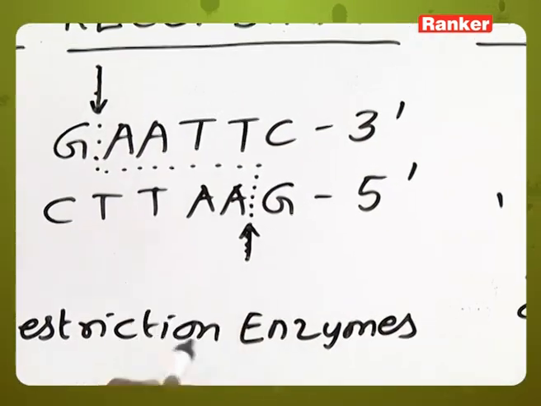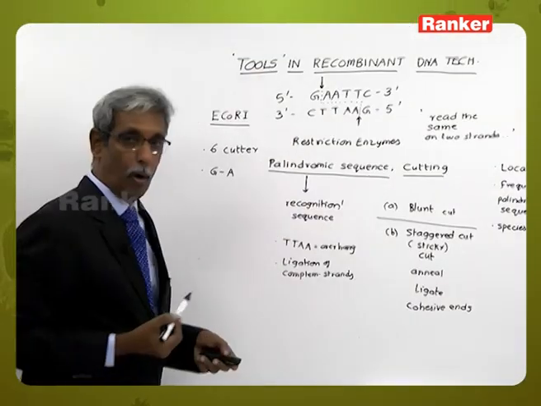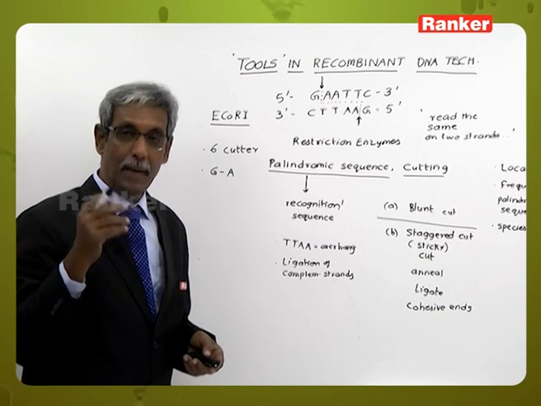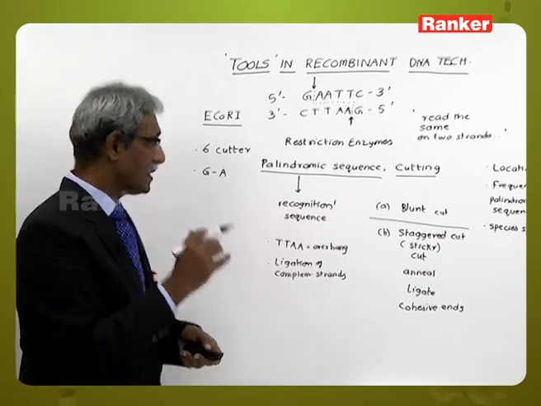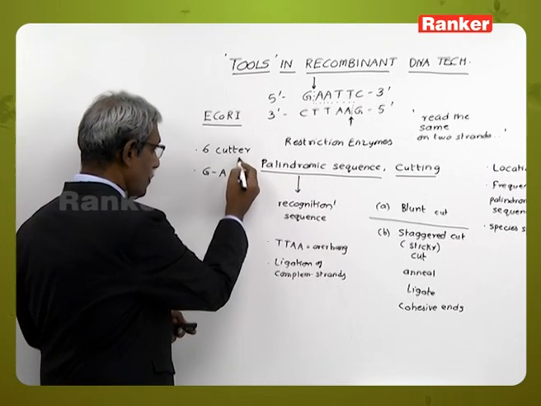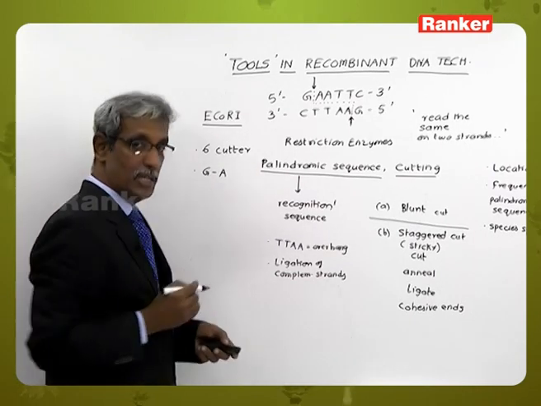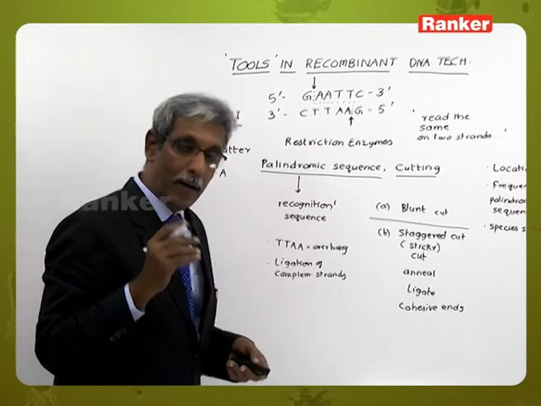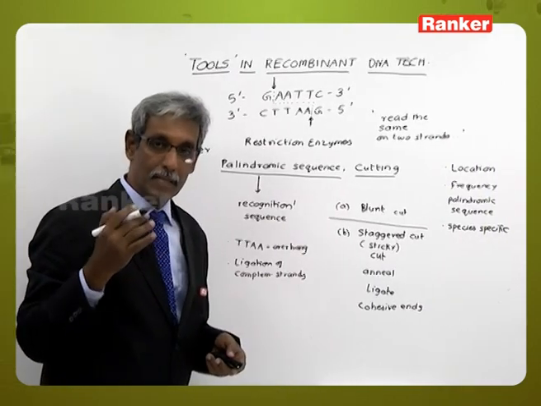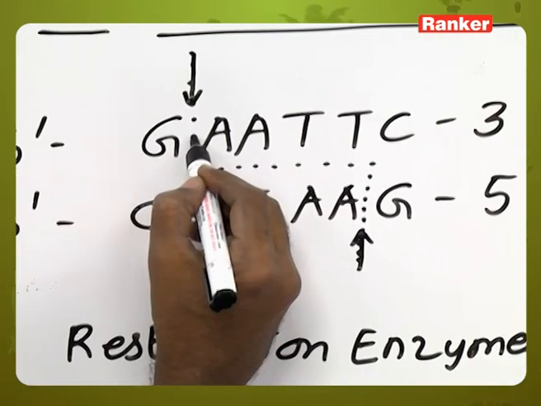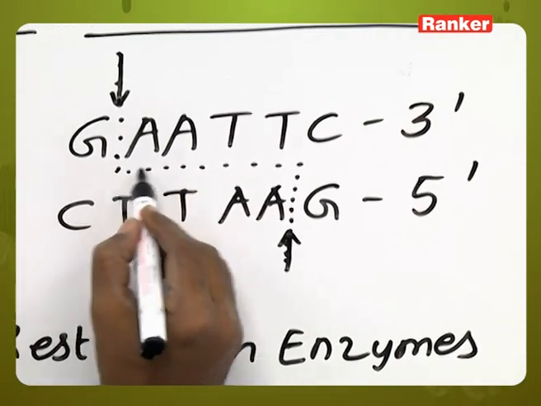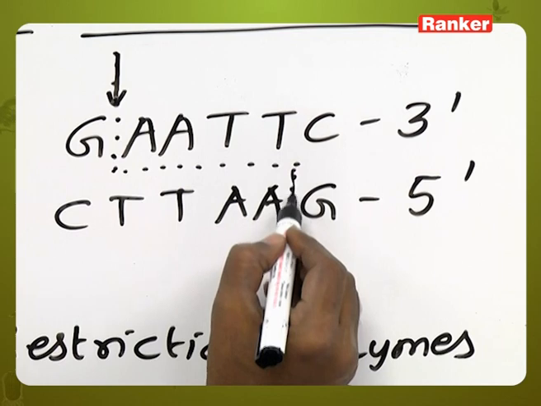Between G and A. If you look at the arrows which are put in the opposite direction, these indicate the places where the restriction enzyme cuts the sequence. So it is a 6-cutter based sequence. It cleaves between G and A. And whenever it cleaves, the restriction enzyme cuts the sequence along the dotted lines, along this set and again along the other set.